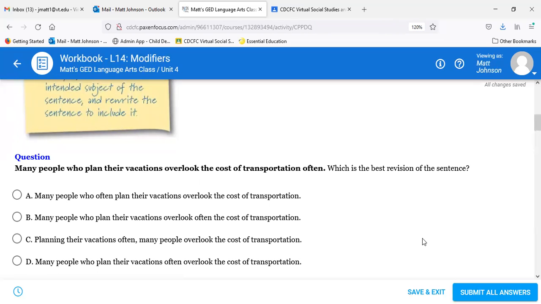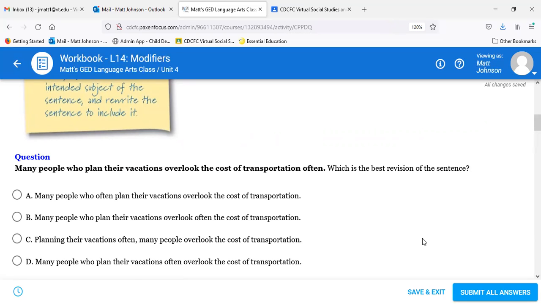So D. Right. So here, obviously "often" is our modifier. We have to understand where we're putting that. What you want to modify is the fact that they overlook the cost of transportation. Lots of people plan their vacations.